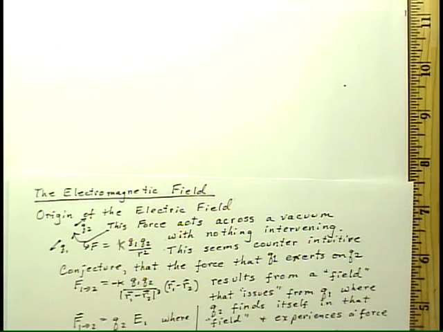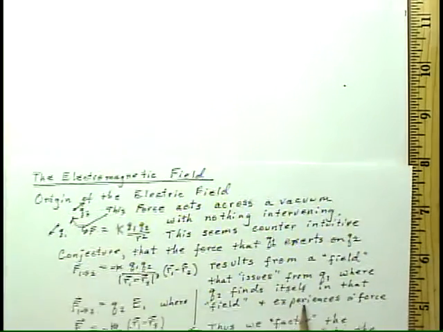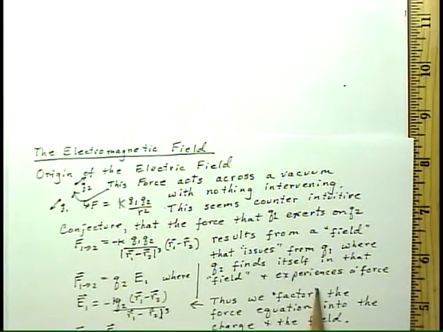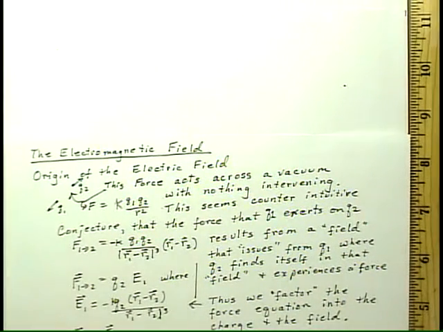We're going to conjecture that this force arises from a field. And what do we mean by a field? That issues from a charge Q1 where Q2 finds itself in that field and therefore experiences the force. Well, this seems like just a trick to mathematically make us feel better.